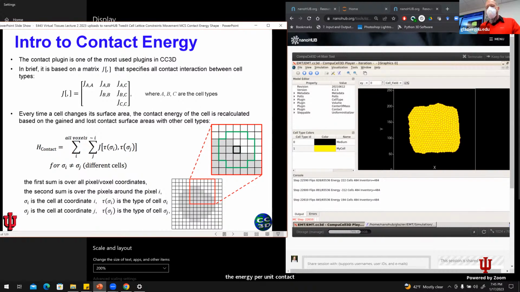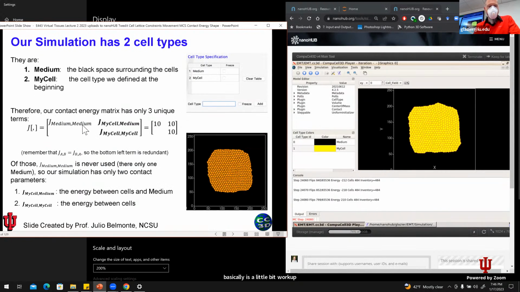When you're on a lattice, things are a little bit more complicated because you have to sum up over lattice sites. And that means that there is a parameter, which is the range over which you do that evaluation, which makes things a little bit more complicated. For our purposes, it's not going to be that critical at the moment. In the case that I have here, we only have two cell types. We always have a default cell type, which is medium, which is where I don't have cells.